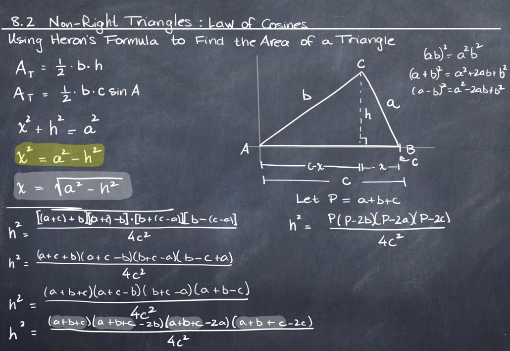It's a nice shortcut. If we recognize that we have this commonality in all of these factors, then just making the note that p stands in for that sum, we can just rewrite it. Now, ultimately, I want h.